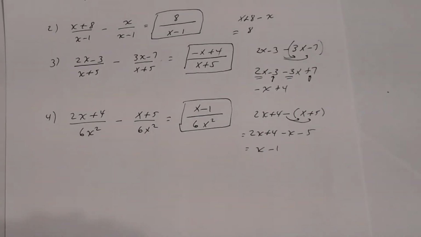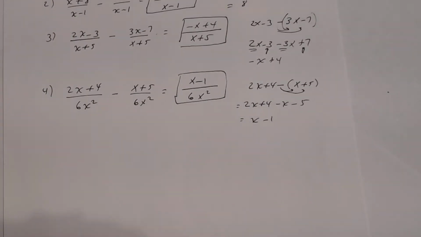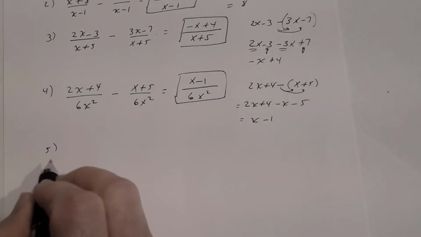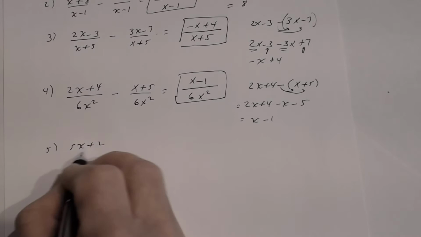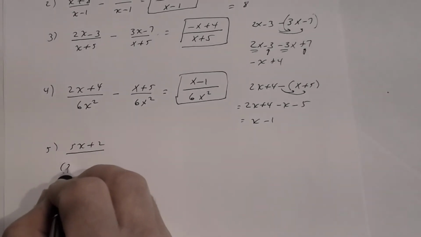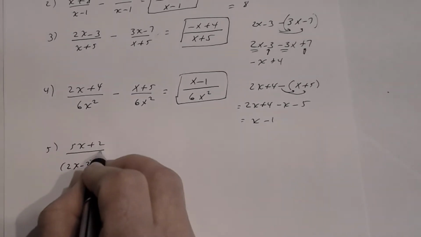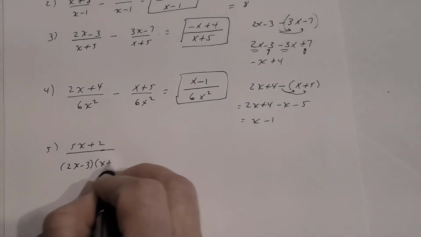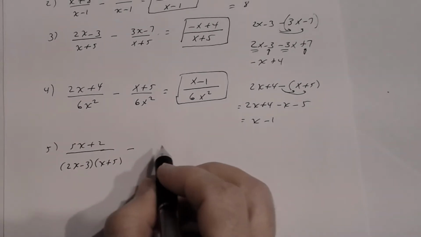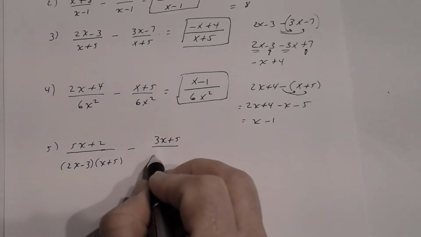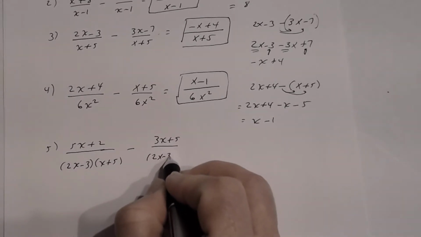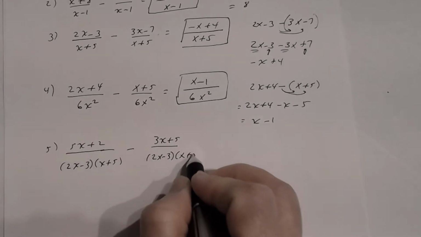All right, number 5. Let's suppose we have this problem. We have 5x plus 2 divided by 2x minus 3 times x plus 5, and I'm subtracting 3x plus 5 divided by 2x minus 3 times x plus 5.